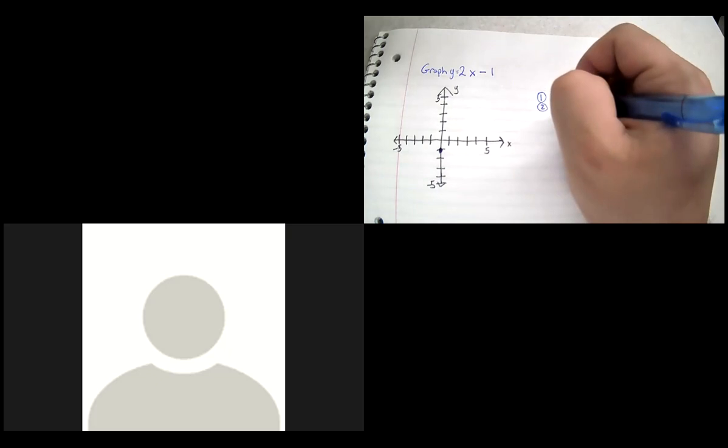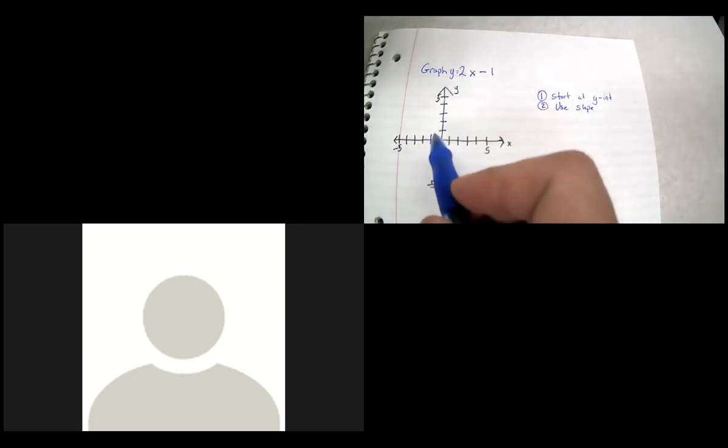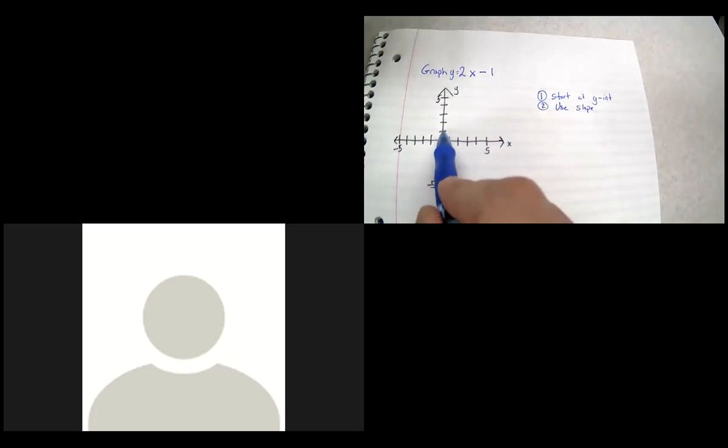The next thing that we're going to do is use our slope to find other points. So our slope is the value in front of x. It's a 2, so that means rise 2, go over 1. Rise 2, go over 1. You can do that a couple times.